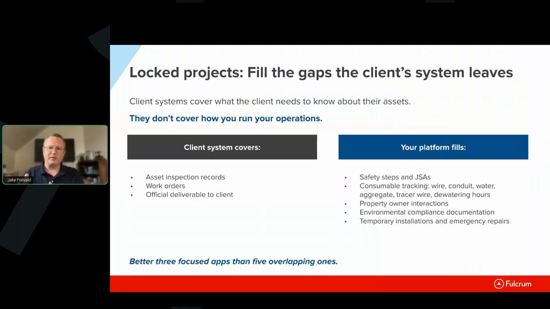So look for places that, even on a locked project where you can't choose not to use their software, look for the places where you have some kind of value for the platform, where you still can control it and you still can gain the efficiencies that you need and the safety that you need and so on. Look for those places to say, here's where I can control things, and that will apply to those other projects where I can negotiate or where I own the stack entirely by myself.